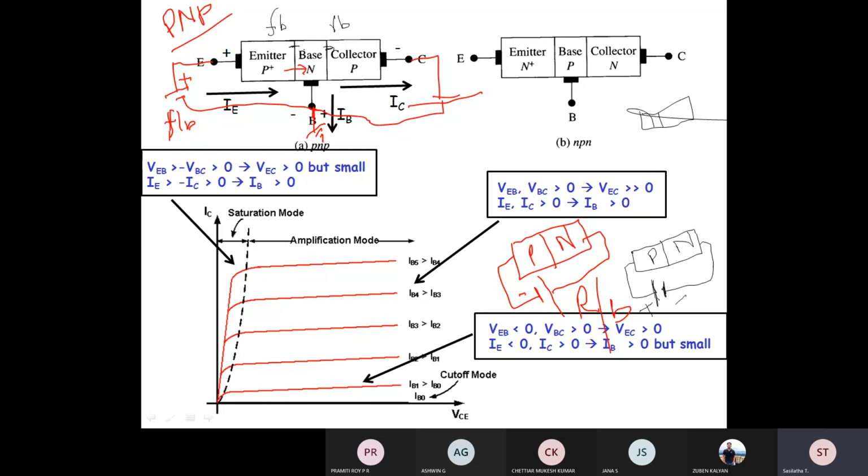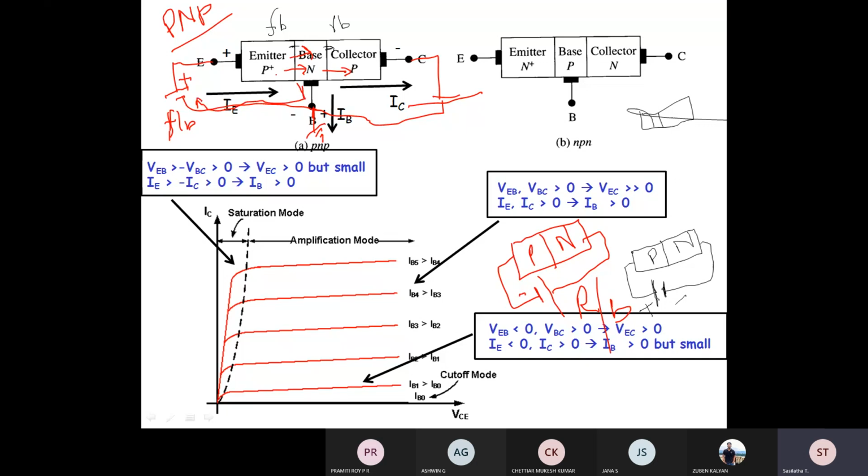Say, if 25 holes recombine with 25 electrons, but one or two electrons will remain. The remaining holes available in the emitter, because the emitter has more area than the base, will be attracted and cross over, moving towards the collector. Partly they move towards the collector, and a few will be attracted by the negative terminal of this battery and move like this.